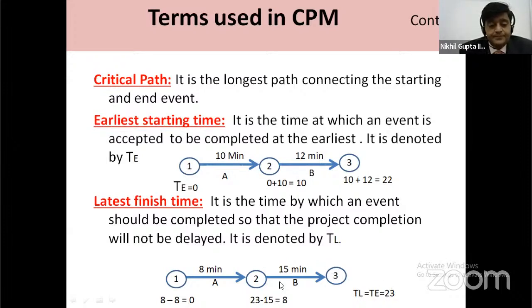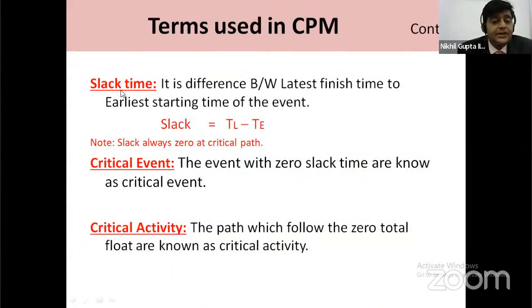And next, for this event, TL is equal to 23 minus the duration of this activity, means 23 minus 15 is equal to 8. And for this event, we calculate 8 minus 8 is equal to 0. Means we can say here, earliest starting time is calculated from the starting event, and latest finish time is calculated from the end event.